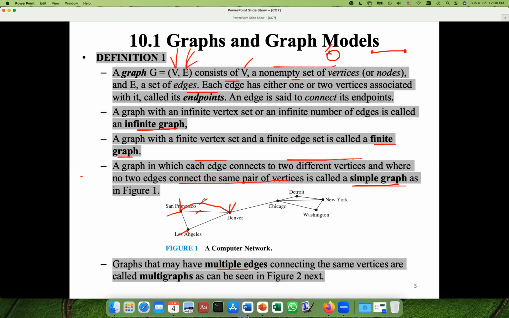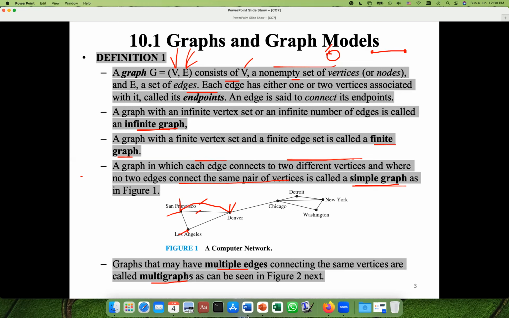I am calling this edge also a path. That is also a term used in these graphs. And if some graph has multiple edges, then that graph will be called a multigraph.